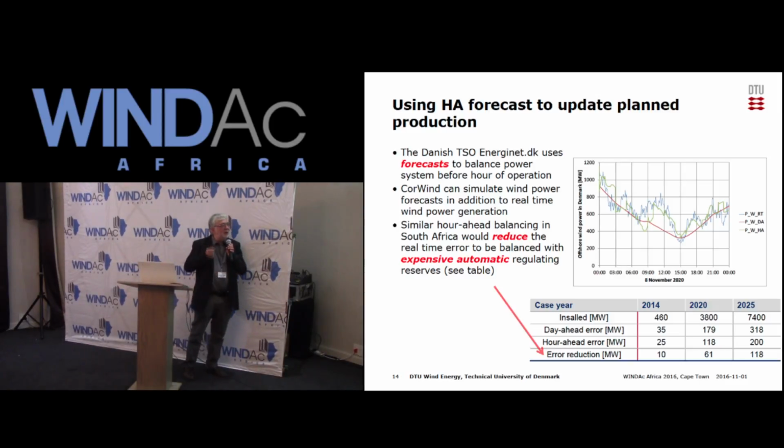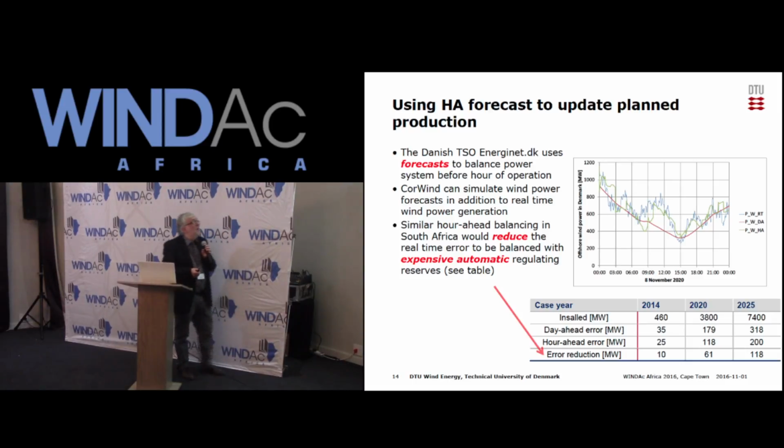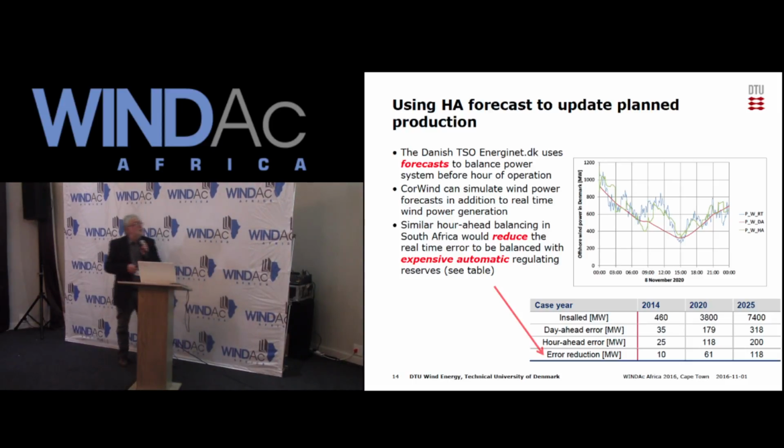The power is traded on a day-ahead basis in the first time, and then that, of course, creates imbalances. But this is what Energinet is balancing and reducing this uncertainty by using an hour-ahead forecast.